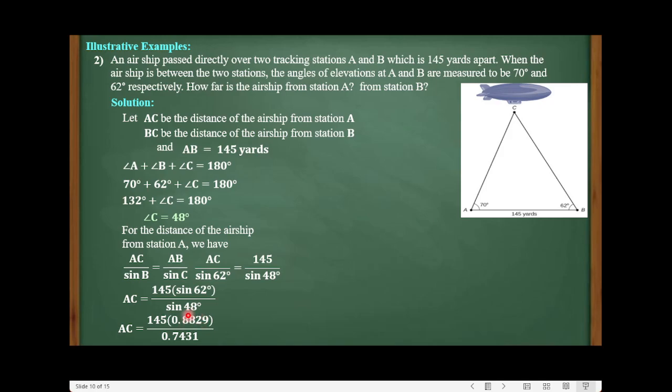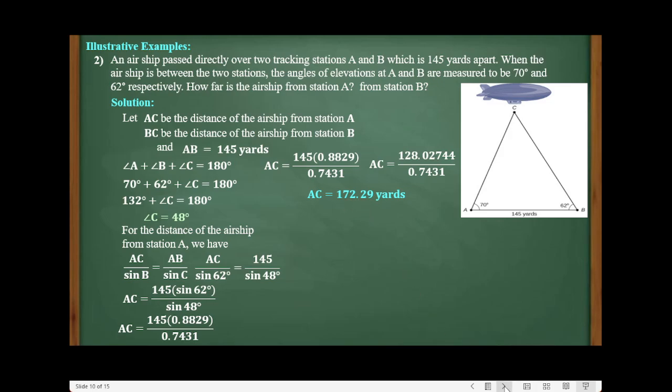Meaning, 0.8829 is the value of sine 62 degrees and 0.7431 is the value of sine 48 degrees. Then, by computation, AC is approximately 172.29 yards. So, this is the distance of the airship from station A, which is your AC.